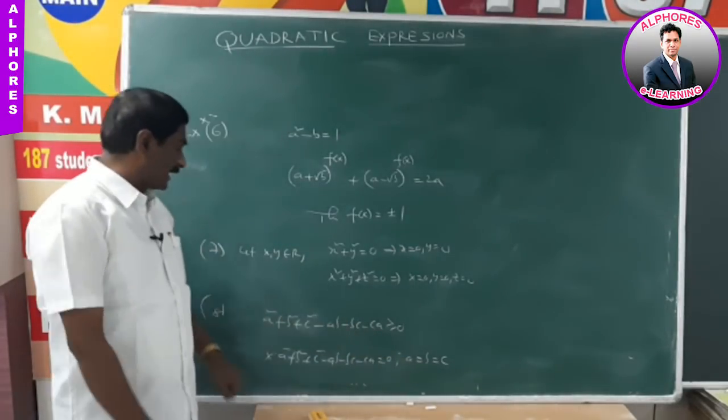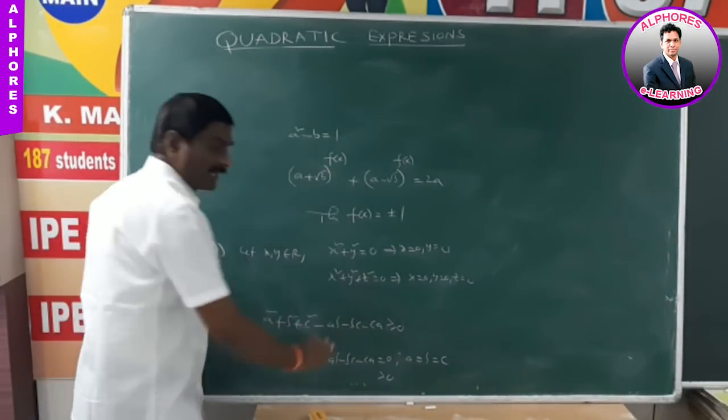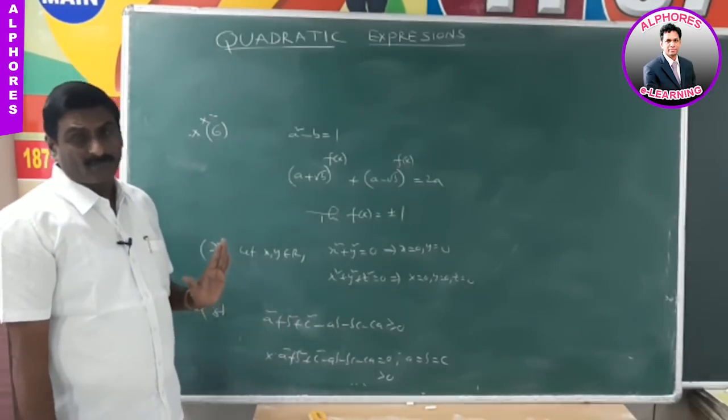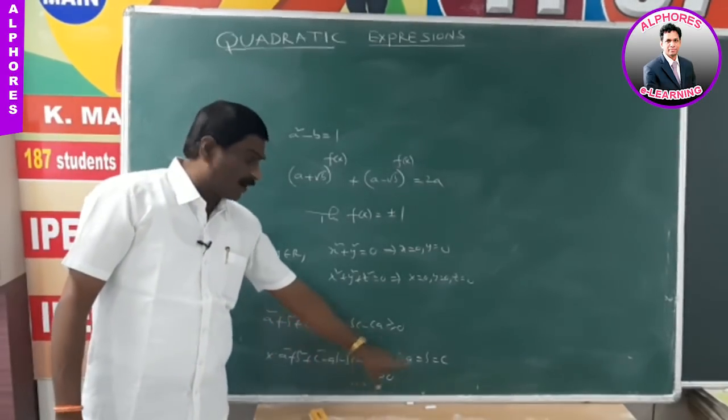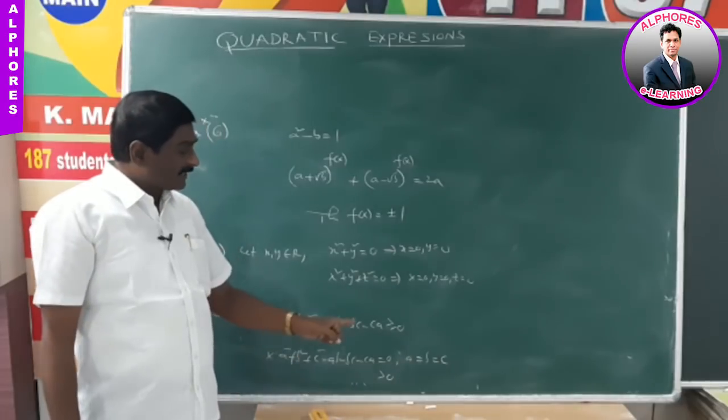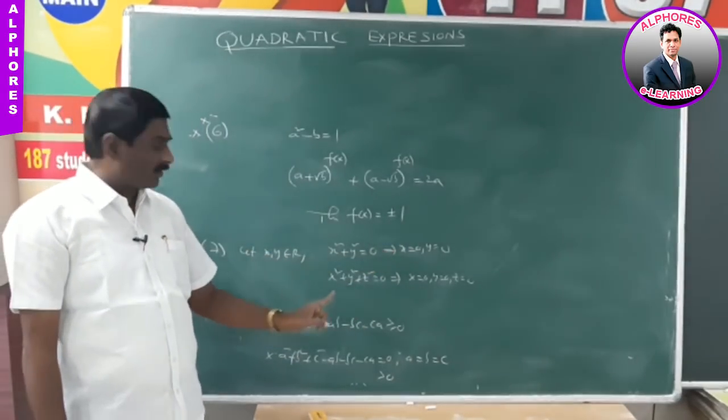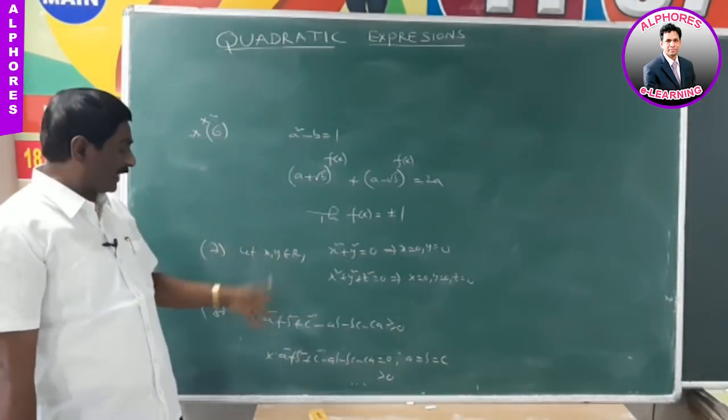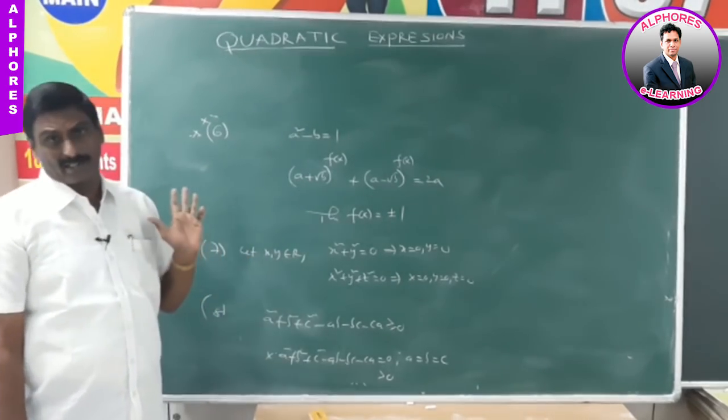In all the remaining cases, this value is always greater than 0. It is the basic condition. That means a = b ≠ c or a ≠ b = c, in all the remaining cases, this value is greater than 0.